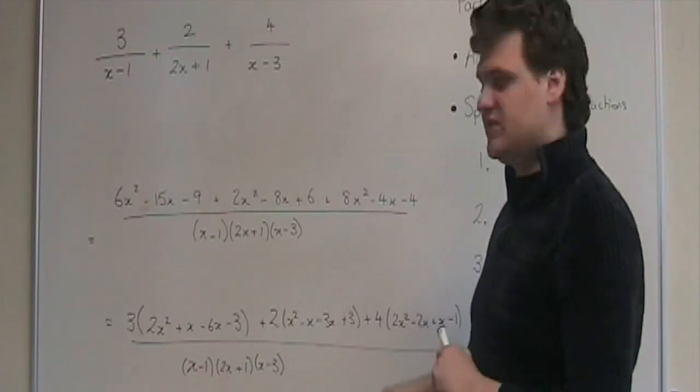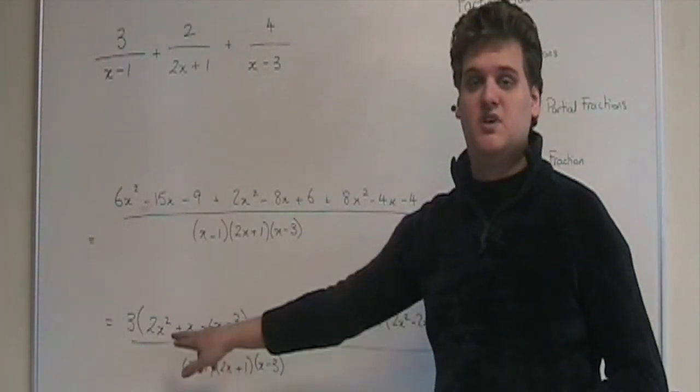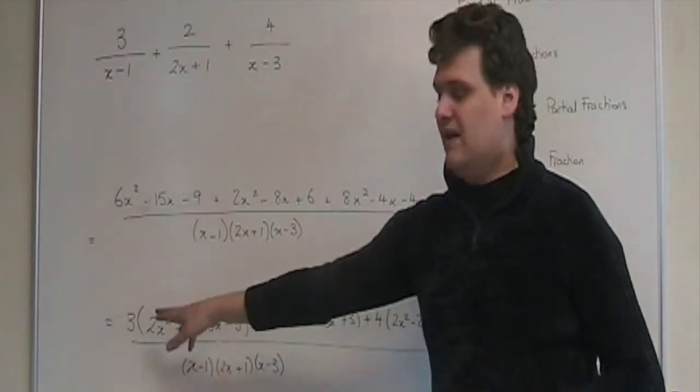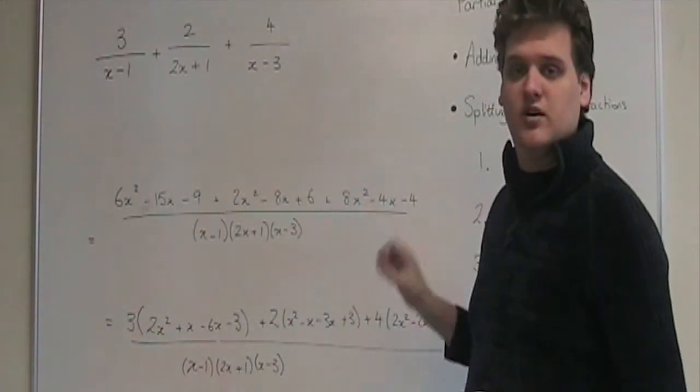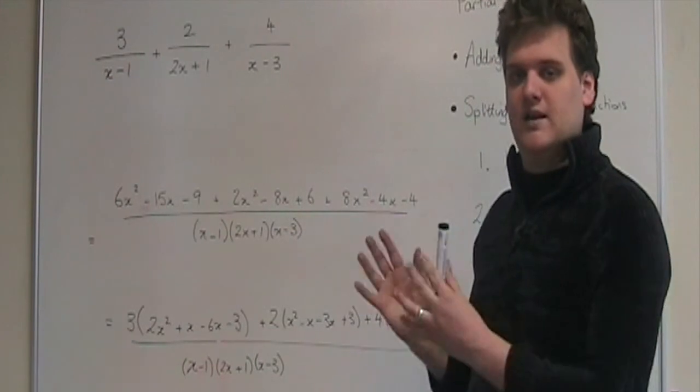So here I have just combined the two x terms in each quadratic and then multiplied everything by the constant outside of the brackets. We've now got a nice long expression which we can simplify just by collecting up like terms.